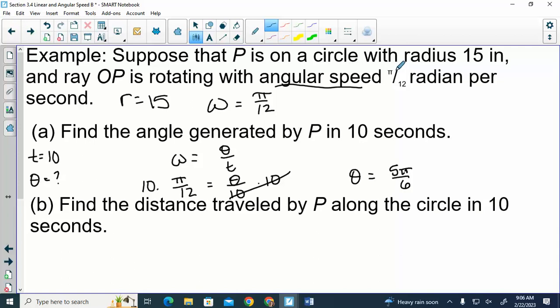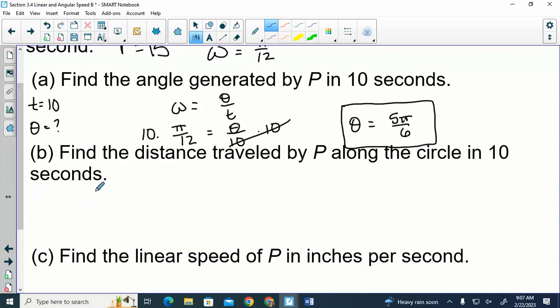Since my angular speed was radians per second, this is radians as well. I have some people who like to write out their units as they go through, and I can show you that as well if that helps. We know if we're looking at an angle, we don't have to put a unit if we're dealing with radians. So my answer is just 5 pi over 6.